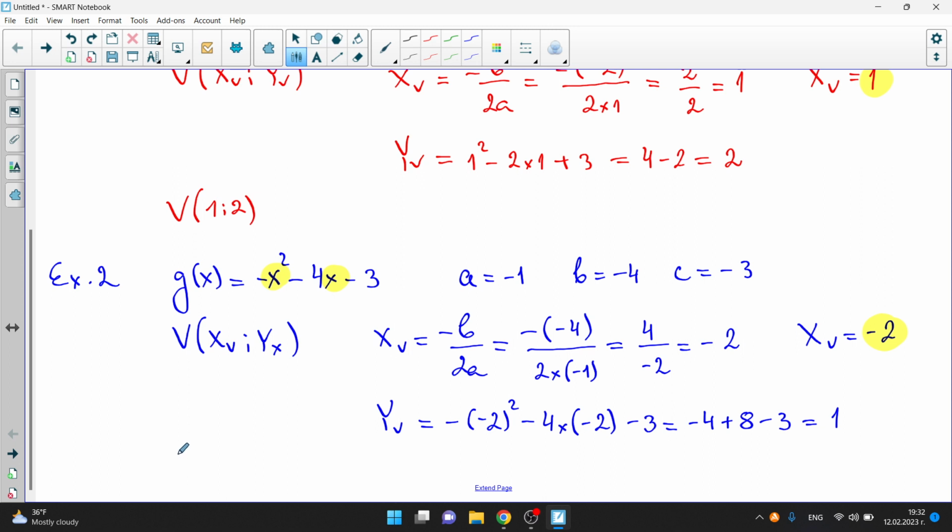Our vertex in this case has coordinates minus 2 and 1.